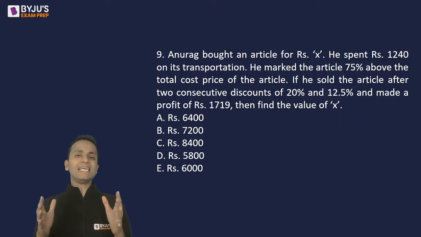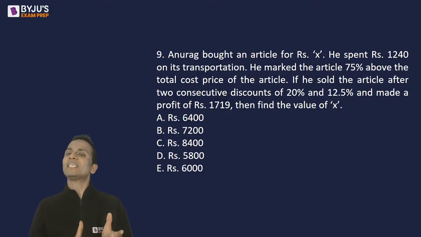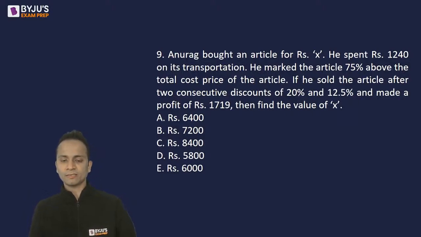So the money that he has spent in total is X plus 1240. Now he marked the article 75% above the total cost price of the article. If he sold the article after 2 consecutive discounts of 20% and 12.5% and made a profit of 1719, then what will be the value of X?